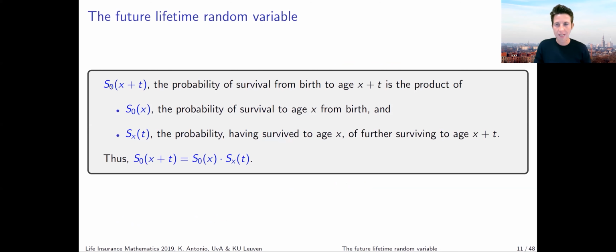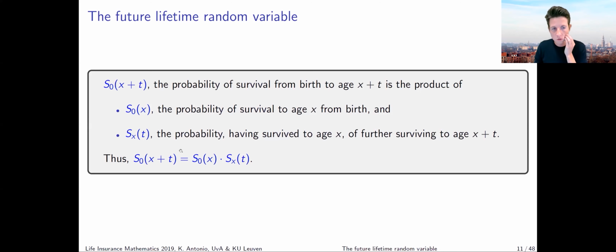So if we look at S0 evaluated in x plus t, that's the probability that a newborn will reach age x plus t, so will survive beyond age x plus t. And that is then the product of the probability that my newborn survives until age x, multiplied with the probability that, having survived until age x, you survive another t years.